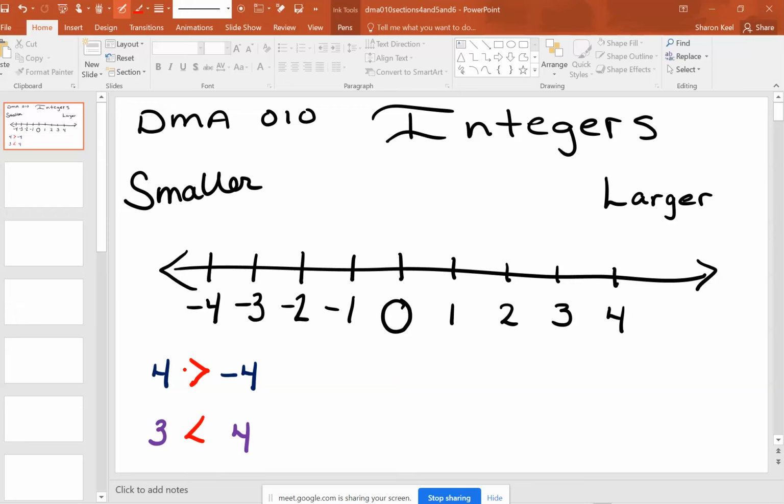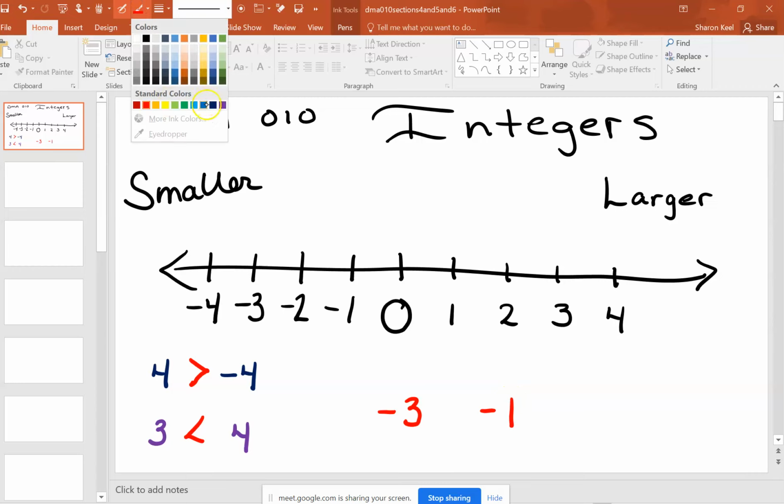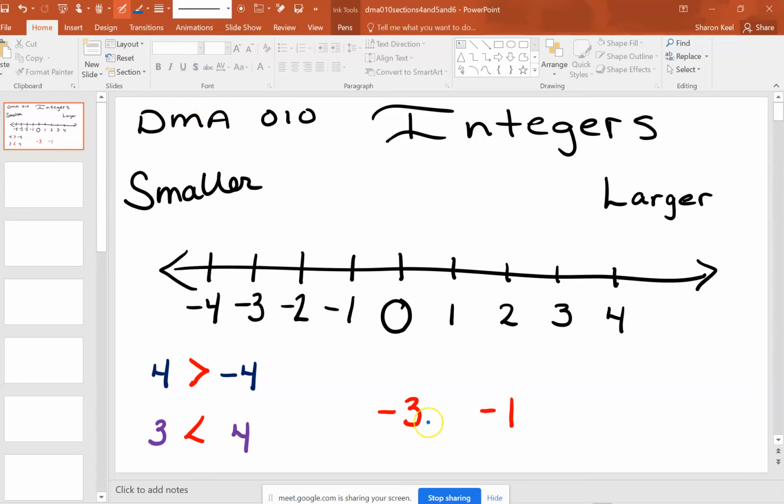If we're comparing two negative numbers, let's look at what happens. If we have -3 and we're comparing it to -1. Initially, when people see these, you're thinking positive, going, oh, 3 is bigger. But on the number line, notice the -3 is here, the -1 is here.